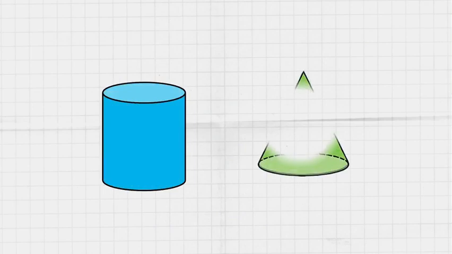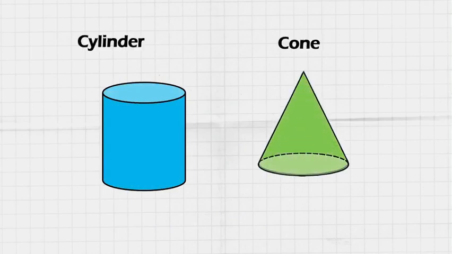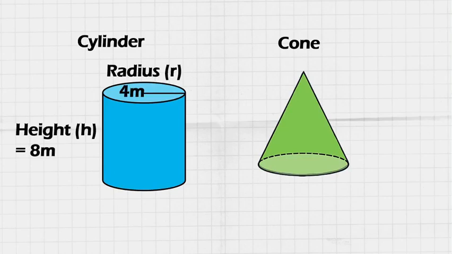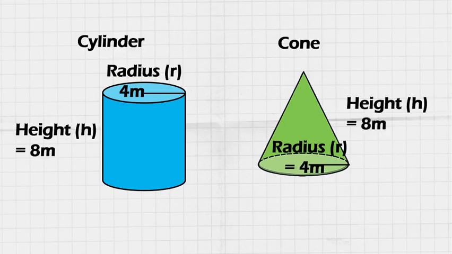Let's observe these two solid figures, cylinder and cone. And let's assume that the radius of the cylinder is equal to 4 meters and its height is equal to 8 meters. Same with the cone. The radius is equal to 4 meters and the height is equal to 8 meters.